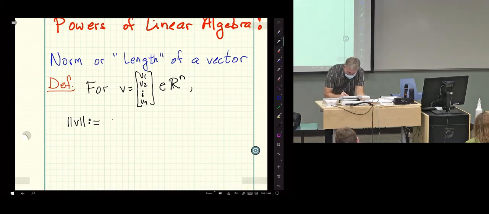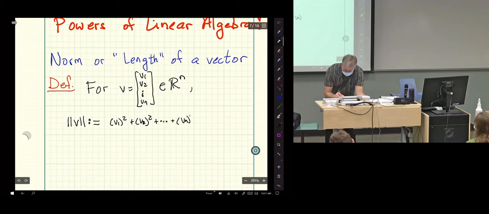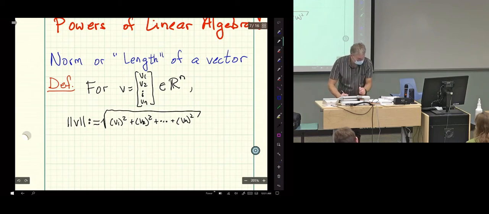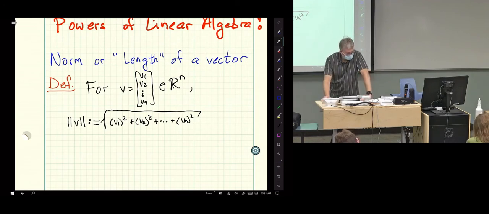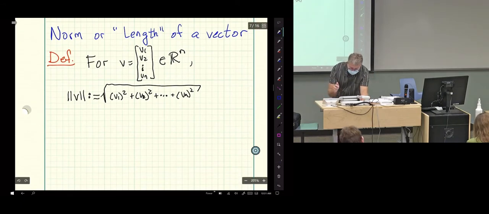We're going to first take all of the components, square them, and then we take their square root. Okay? So it's the sum of the squares of the components, square root. That's called the norm. Okay, that's simple enough. We'll do some calculations. Let's just note we can also write this.